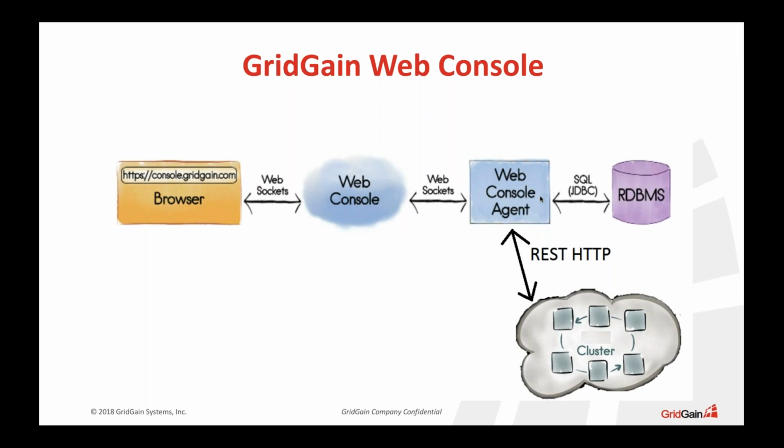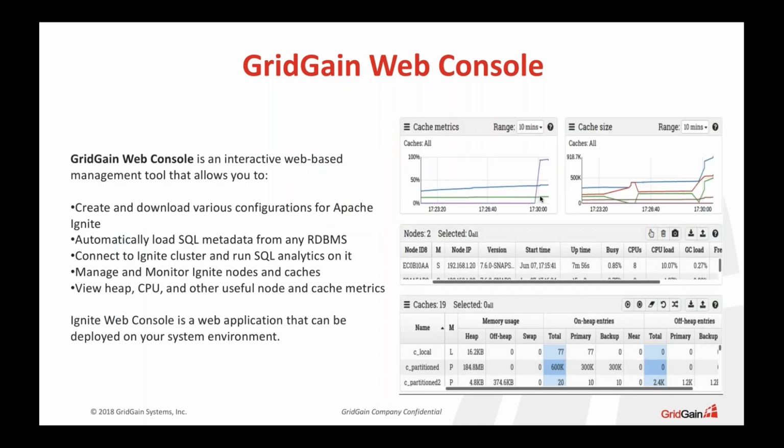And using it is pretty straightforward, especially if you've been using Visor. In terms of usability and stability, it's quite stable and very useful. GridGain console includes management and monitoring functionality for GridGain and Apache Ignite clusters.